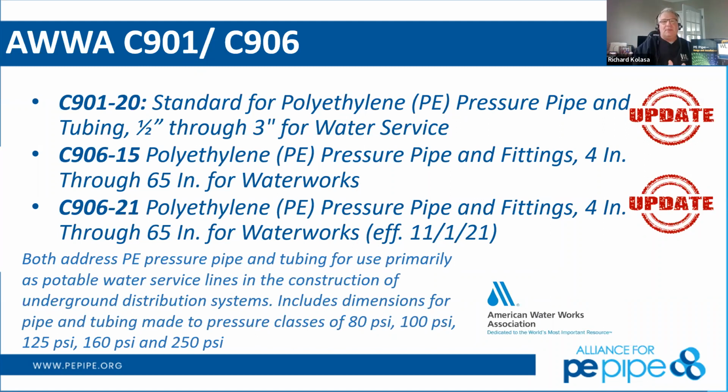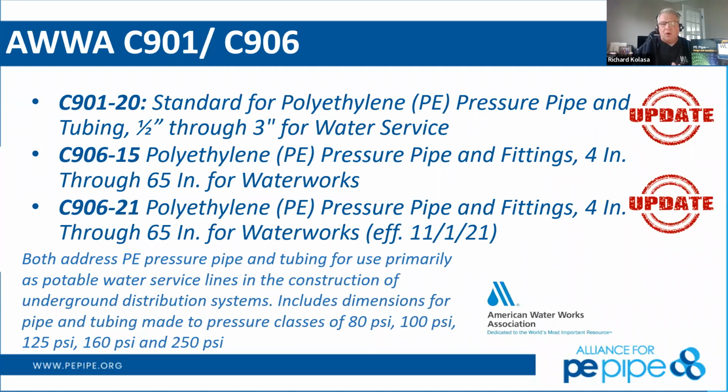So please keep in mind, in the C901-2020 version, we will only recommend DR9s for the service tubing, and this is to add extra protection. The reason for this is not because we want to add an additional safety factor. When, as a pipe manufacturer, you get into those smaller service tubings, your tolerance for acceptance in the range of thickness you're allowed becomes very, very narrow.